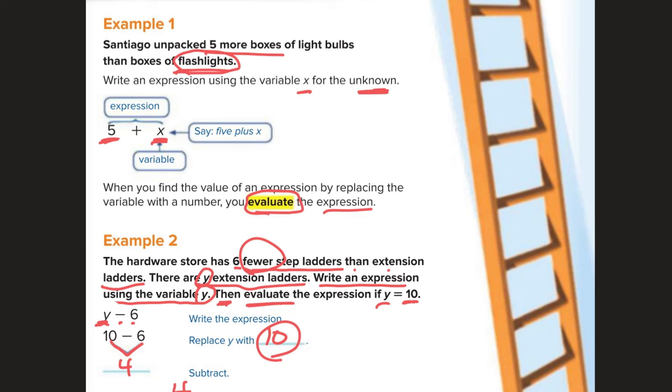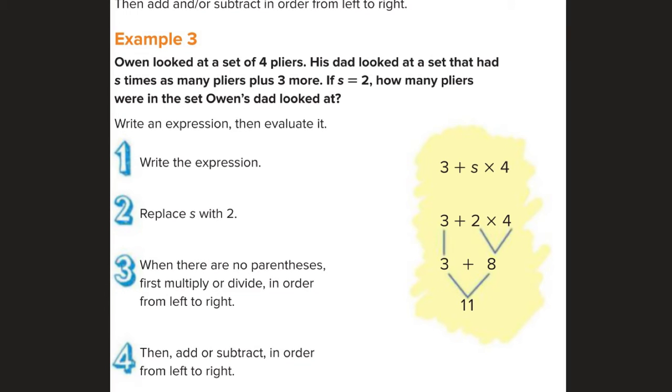Let's look at another example here. This says sometimes an expression has more than one operation. So it might add and subtract, add and multiply, add and divide. When there are no parentheses, we need to multiply or divide in order from left to right. Multiplying and dividing comes first.